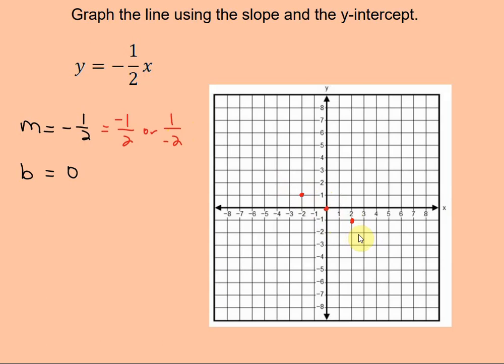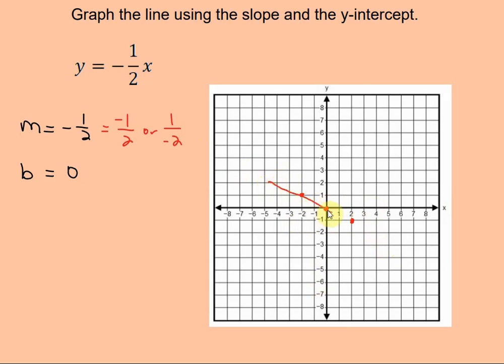As you see, both of those points are in the same line, so it doesn't matter which one I do, it's going to be the same line. But if I had done negative 1 over negative 2, I would have gone down 1 and to the left 2, and then that would have not been part of the line. That would have been incorrect.